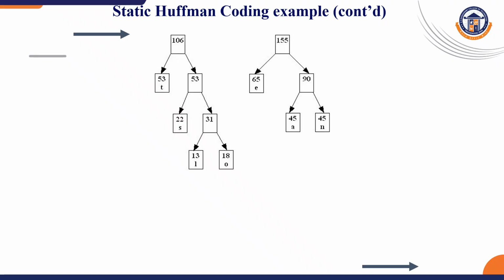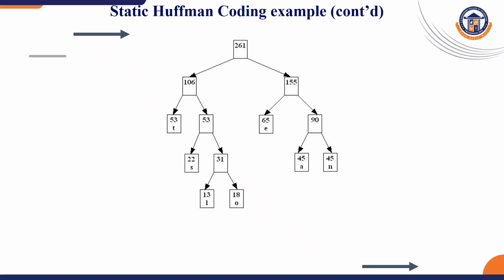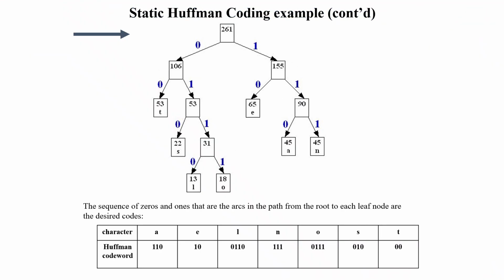So how to encode using Huffman coding is given in this example. The Huffman code words are created: for A it is 110, E is 10, I is 0110, N is 111, O is 0111, S is 010, and T is 00.